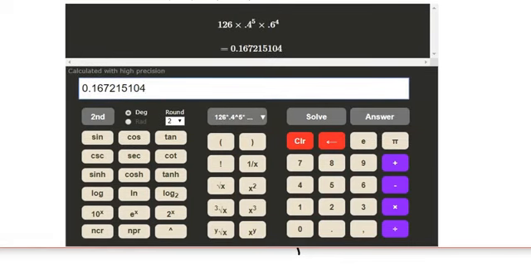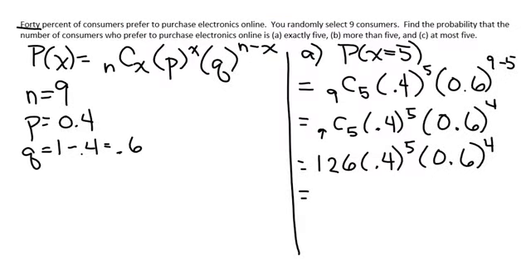And this is 0.1672. So the probability of choosing exactly 5 is 0.1672.